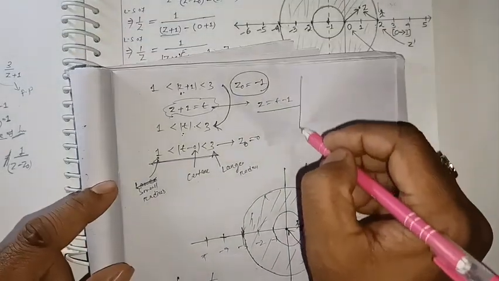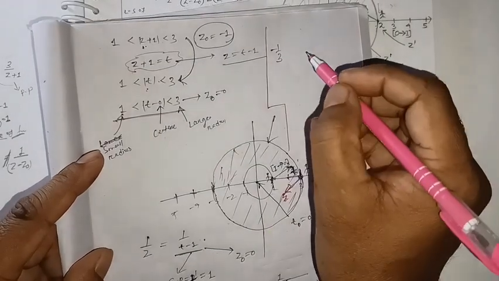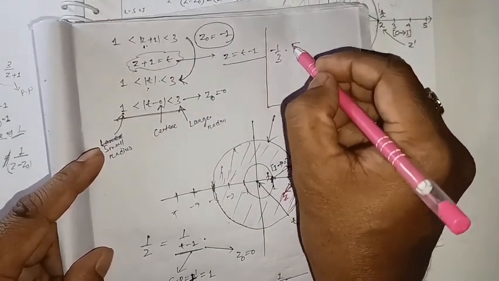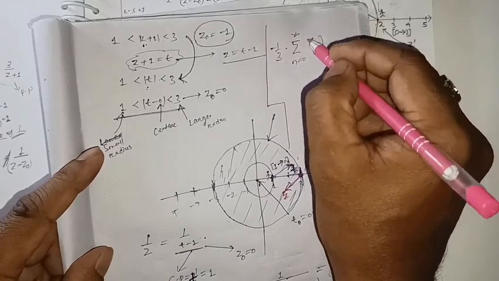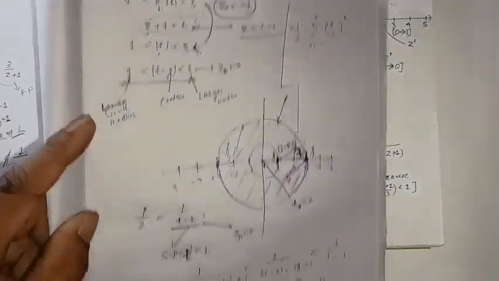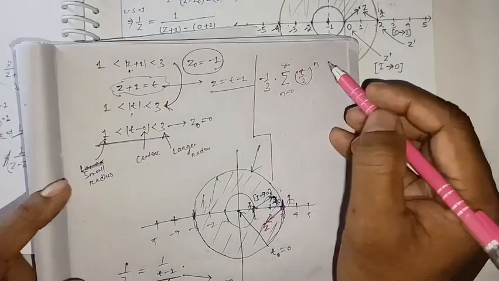So what will be its answer? Its answer will be minus 1 by 3 into summation over n equal to 0 to infinity of t by 3 to the power n. Laurent series, because 1 minus t by 3 is there, so this will be t by 3 to the power n.